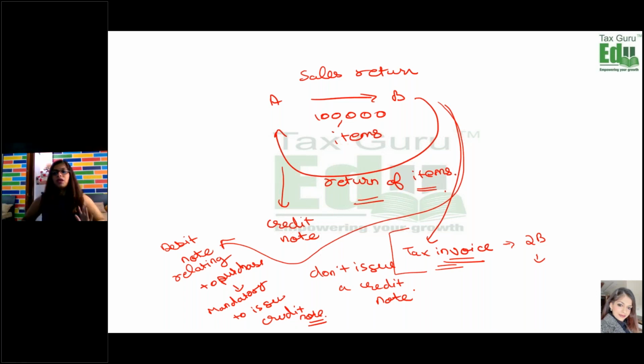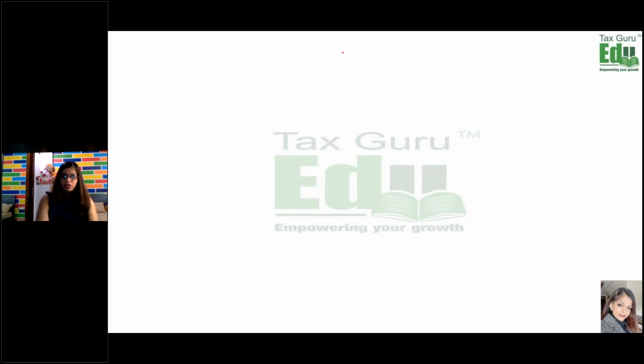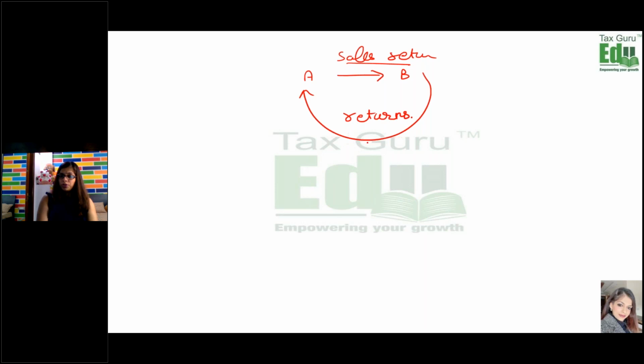Okay, so people are asking me to repeat again. You people now get this fact. What is sales return? A makes sales to B. Now B returns the goods. There are two methodologies by which the goods can be returned in terms of documentation.